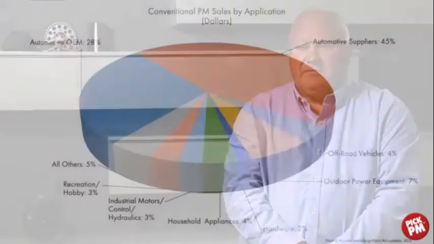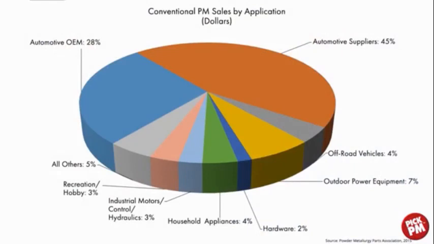The automotive industry is a large market for conventional powder metallurgy. Approximately 75% of ferrous PM is consumed by the automotive markets. The current North American PM content per vehicle is approximately 40 to 45 pounds. Asian and European vehicles use about half of what North America uses.